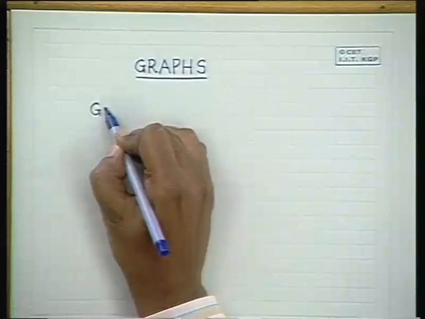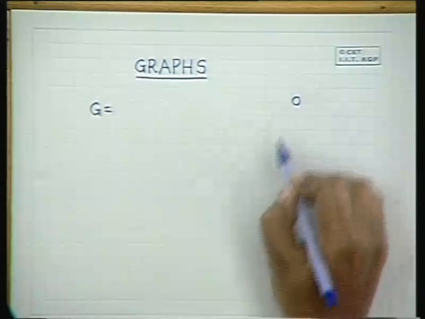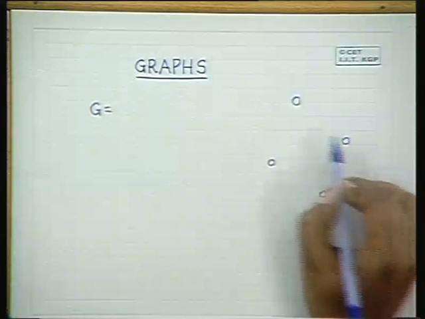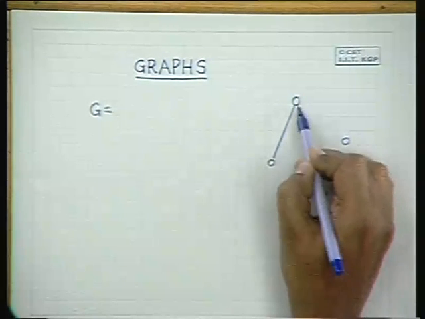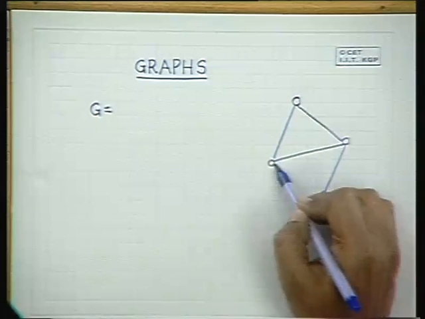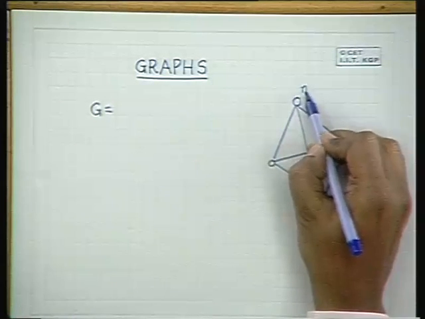So what did we look at in graphs? We define a graph G to be two items. Let us take an example first. A graph consisted of nodes and edges. So this is N1.